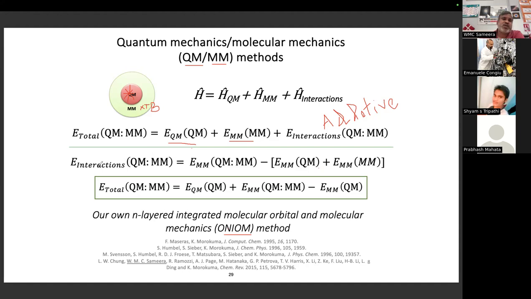In this case, we compute the interaction energy term here, this one, as a molecular mechanics calculation for the whole system, and then we compute the molecular mechanics energy of the QM part, and then the molecular mechanics energy of that part. So we do them separately.